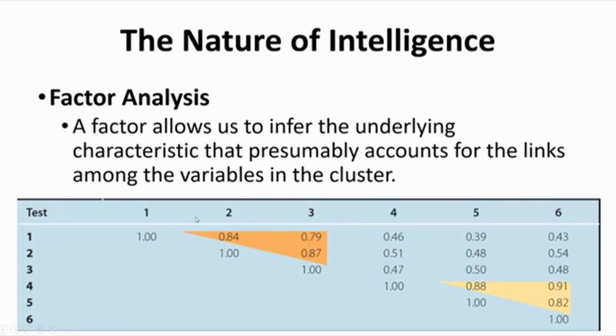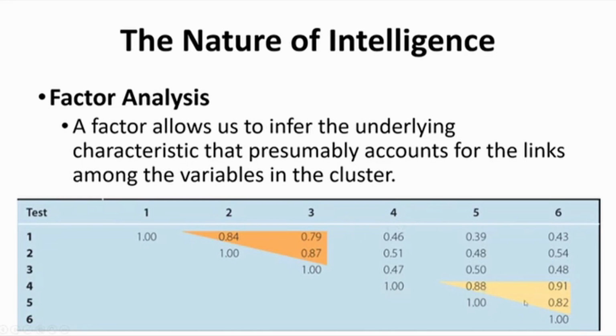And even though these are all highly correlated, we can see lower values over here. So test 1 doesn't correlate strongly with tests 4, 5, or 6. So these are still positive correlations. This is an R of 0.6, but it's not a very strong correlation.